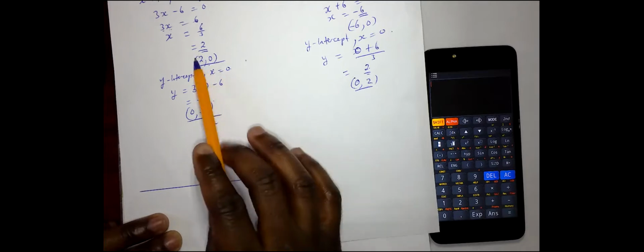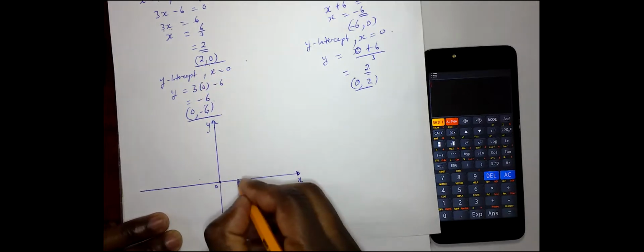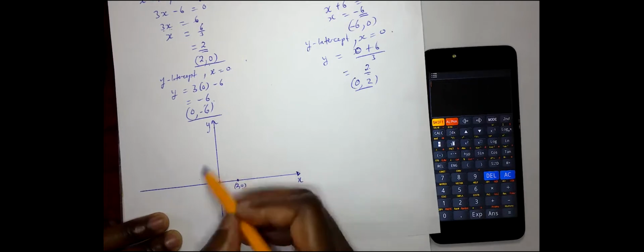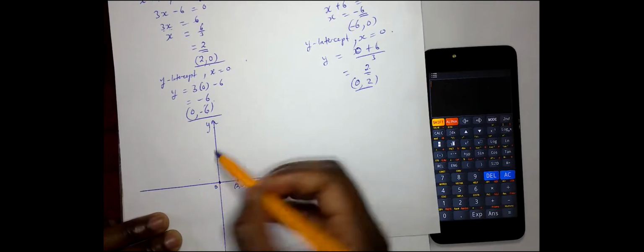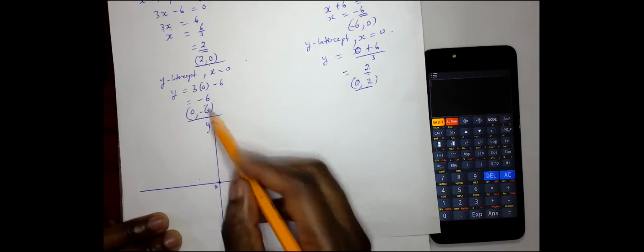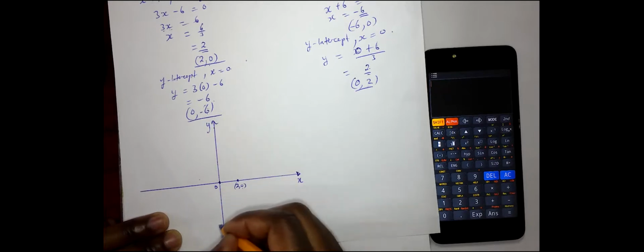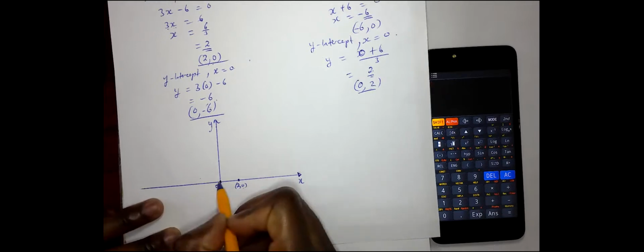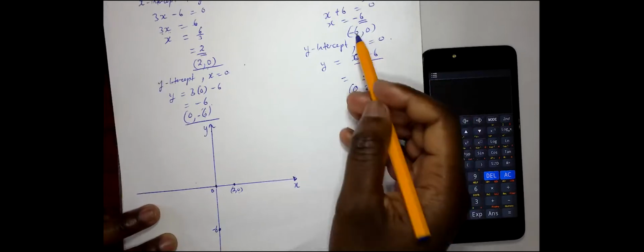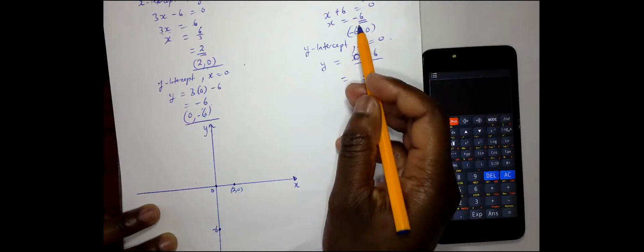Always remember x, put the x and y. Now we know that when x goes to 2, okay, what is another coordinate? 2 in terms of, what we call, -6. Here is going to be -6. Then here we're told that on this side, this side is -6 for x.